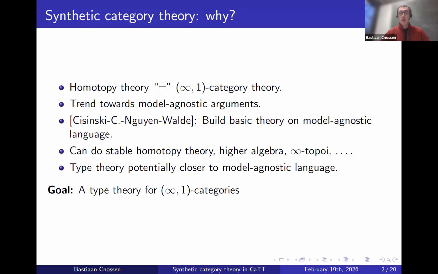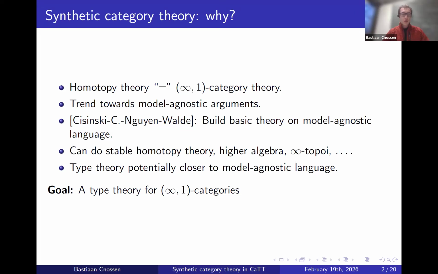Okay, so first, let me start by motivating why I'm interested in synthetic category theory. In recent years, it's becoming clearer and clearer that a lot of homotopy theory, in some sense, is captured by the theory of infinity one categories. I put it in square quotes that it's sort of equal to the theory, but what I mean by this is that it's a natural language to formulate a lot of constructions in homotopy theory in.